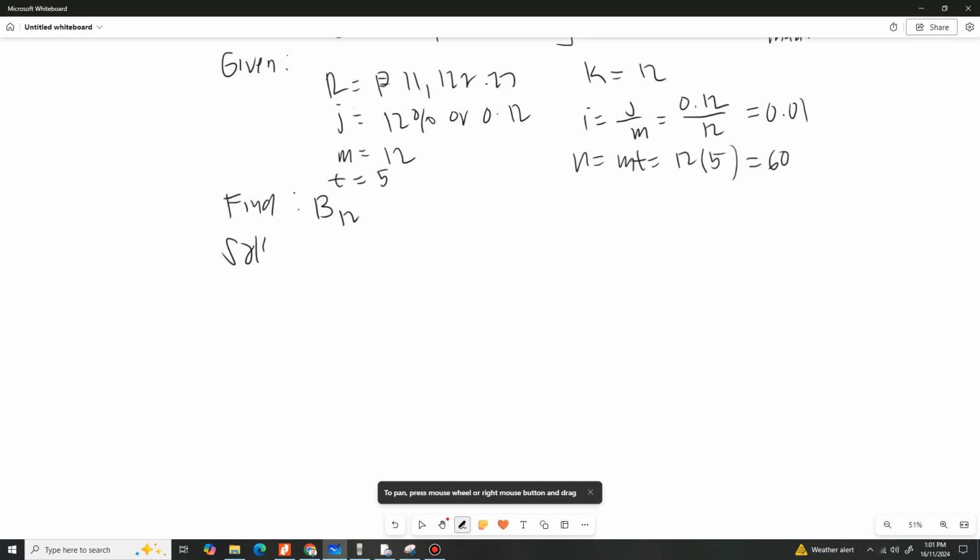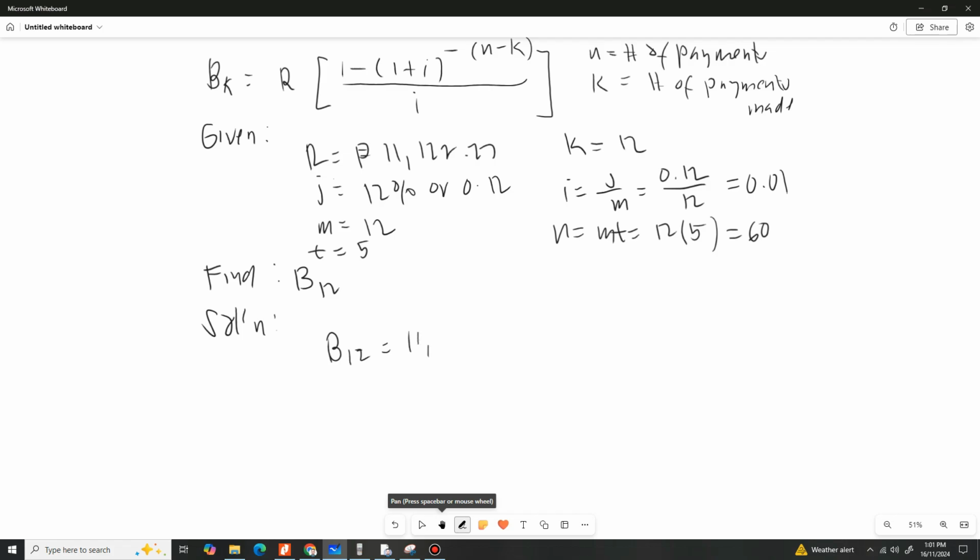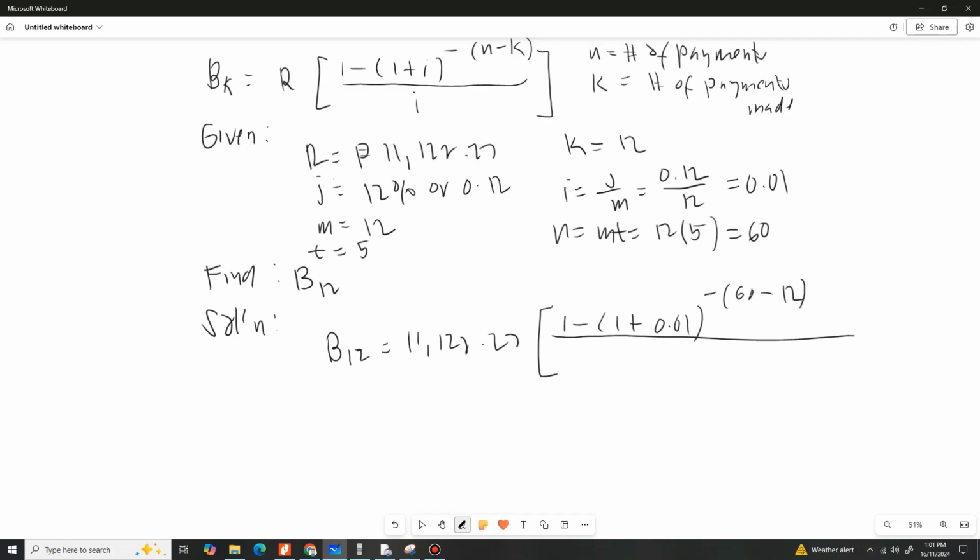For our solution, B of 12 equals R, where R is 11,122.22, times 1 minus 1 plus I, where I is 0.01, raised to the quantity N, which is 60, minus K, which is 12, all over our I, 0.01.